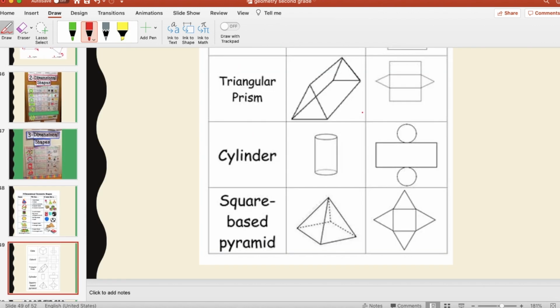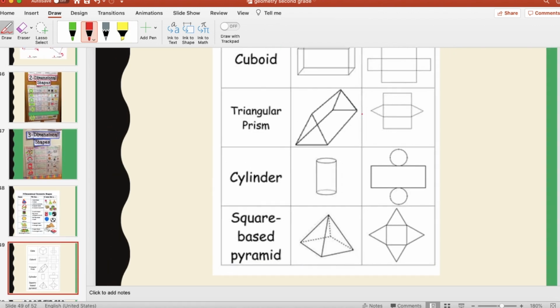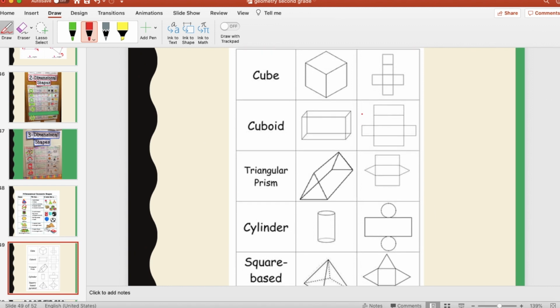Okay, and just to show you how these three-dimensional shapes are made up, they are made up of different shapes. So as you could see, a cube is made up of 6 squares.